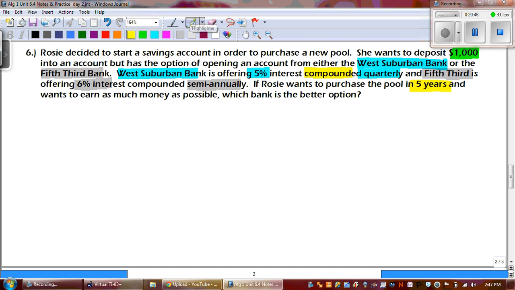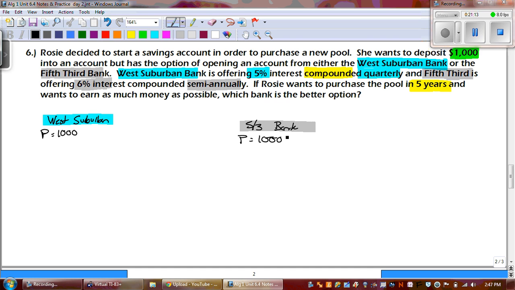Okay, so let's take a look at the two banks real quick. Now, we have West Suburban and Fifth Third Bank. Now, for both of them, we would be depositing $1,000. Now, the rate at West Suburban was 0.05, and the rate at Fifth Third was 0.06.